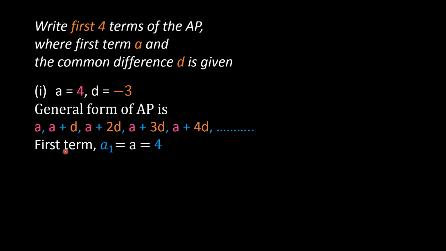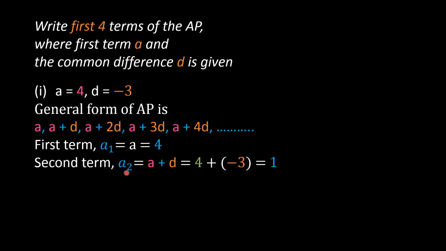Here, the first term obviously will be a1, which is a, and it is given to be 4 here. The second term, a2, will be a plus d, where a is 4 and d is minus 3. So 4 minus 3 will be 1.